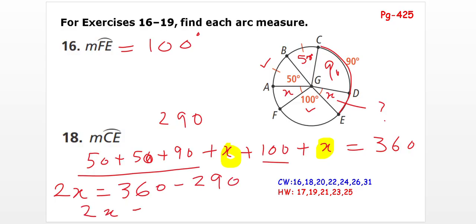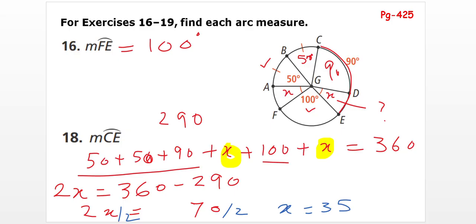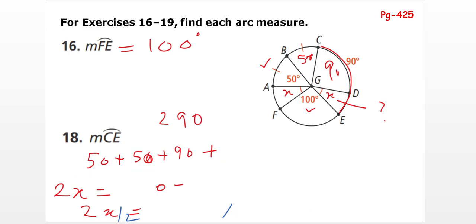So 2X will be equal to 70. Now divide each side by 2, and it will give us the value of X equals 35. Clear? Let's erase all of it because you understand how to solve it. So the value of X is becoming 35.